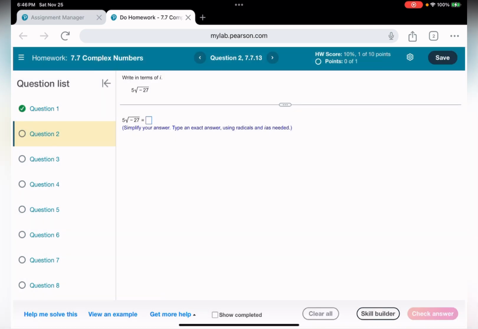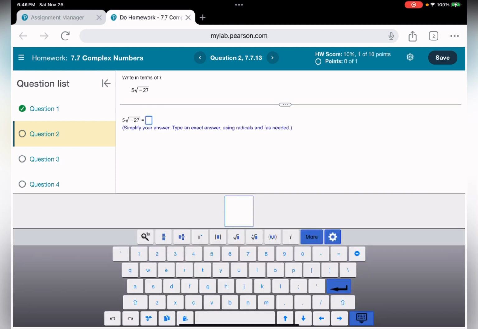Next one, 5 square root of negative 27. So 5 square root of negative 1, it's going to be 5i, right? Now 27 I can break down into 9 and 3, right?